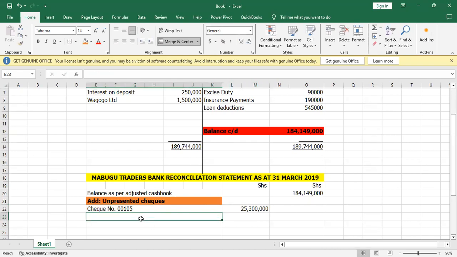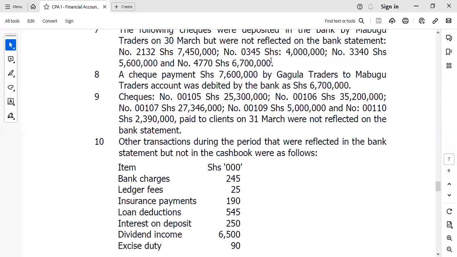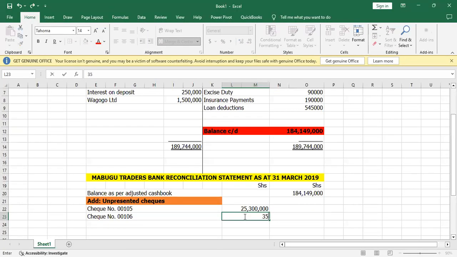Then you also have check number 00106. This check is how much? 35,200. This is 35,200,000.